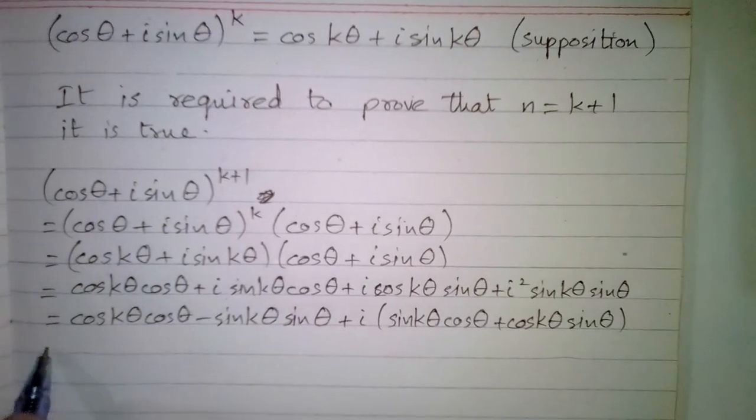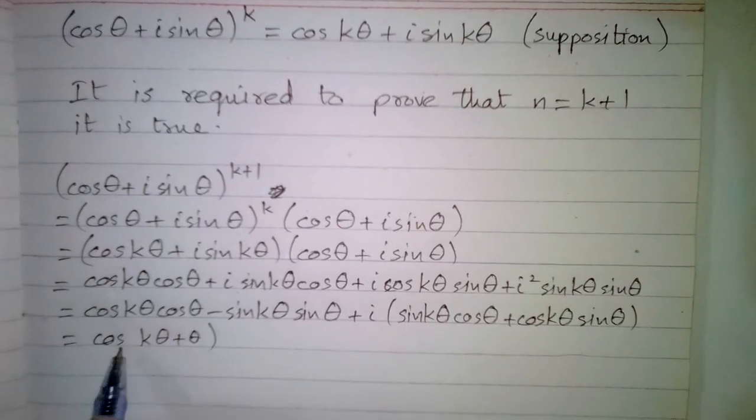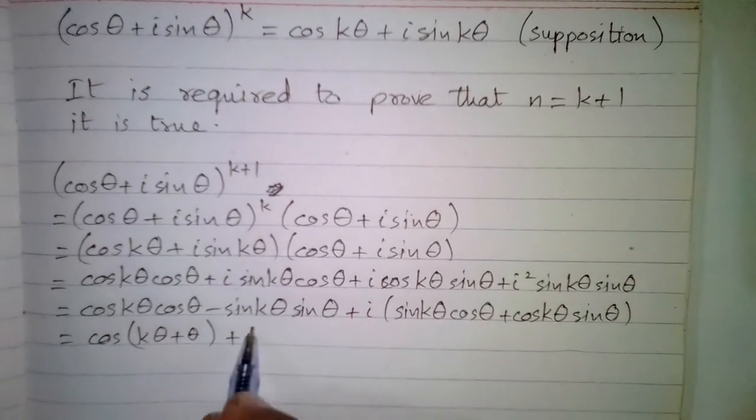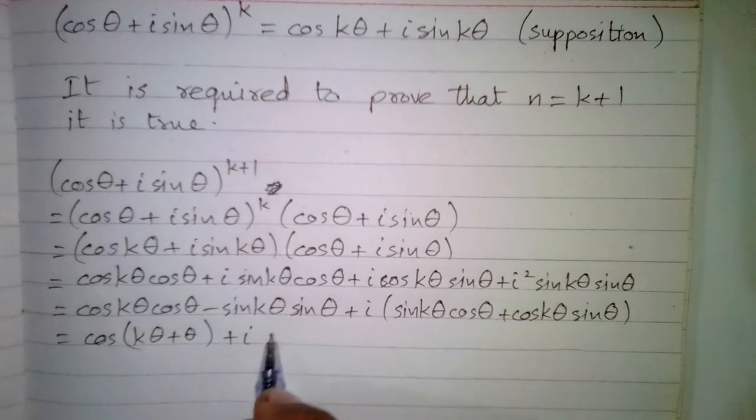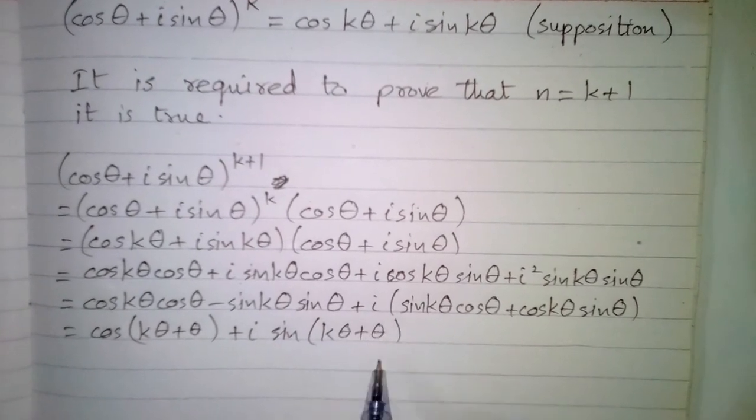Now this will be equal to cos of (k theta plus theta), then plus iota, and this will be equal to sin of (k theta plus theta).